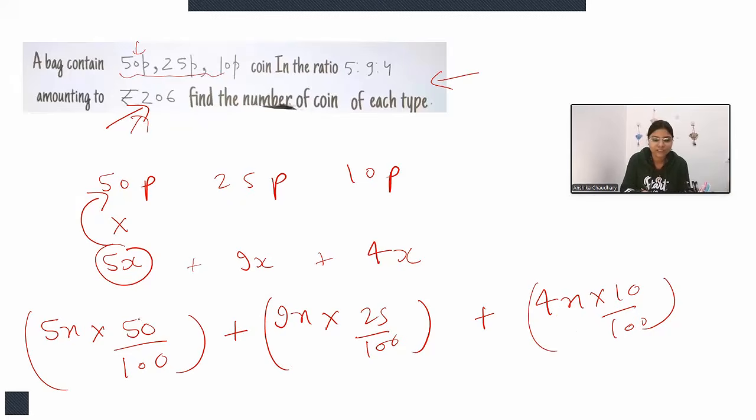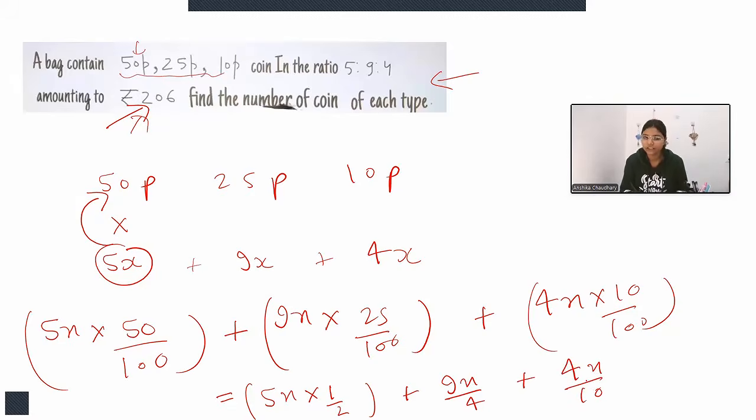Right. So let's solve this. It will become 5x into 1 upon 2 plus 9x upon 4. I'm directly writing plus 4x upon 10, right?